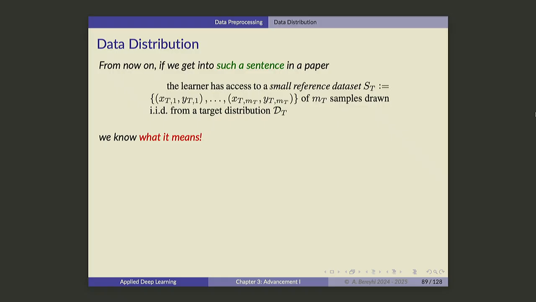I just cut it from some paper a couple of years ago, so I don't know what the paper was, but it says that the learner has access to a small reference data set, I mean the training data set that you have, S_T, of empty samples drawn IID from a target distribution D_T. That target distribution D_T is your data distribution, and it assumes that all of the samples inside the data set come IID from that distribution. This is the way that we do it here as well.